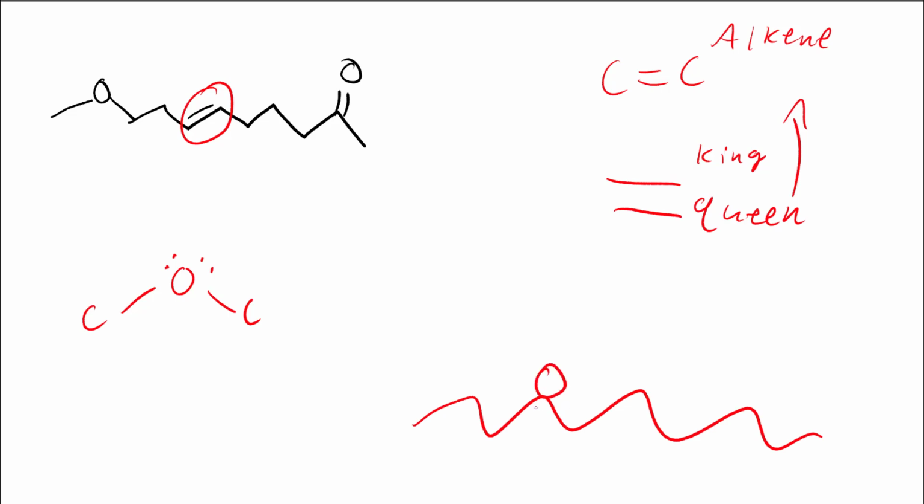Just lost in a sea of C's, and that's kind of like a wave of water. So an oxygen that is lost in a sea, like an ocean, of carbons is an ether. So this one is going to be an ether. That's an ether. This is an alkene.